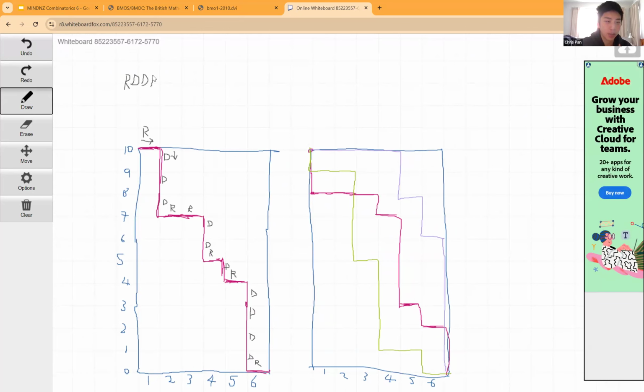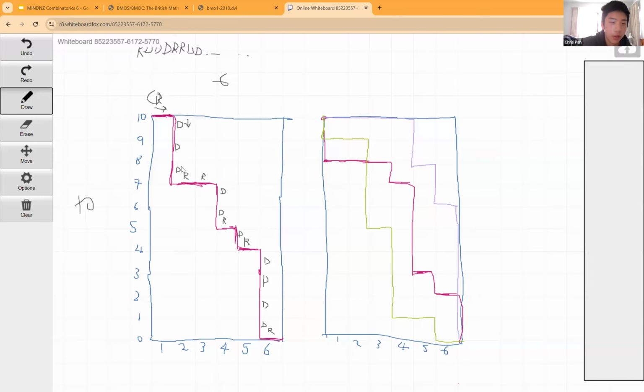So in particular, what are some properties of the sequence? The two key parameters are the number of rights and the number of downs. Because this is a 6 by 10 grid, we have exactly 6 R's and 10 D's.